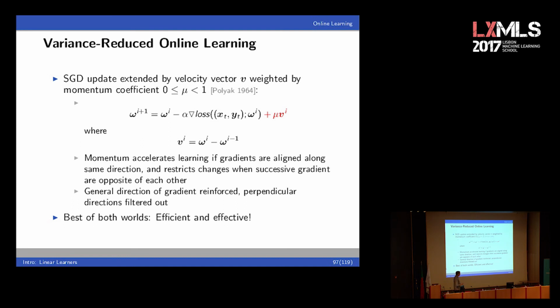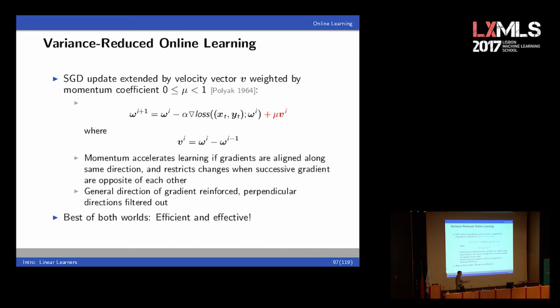So velocity tells us whether the weight vector we are looking at the moment points in the same direction or in a different direction from the weight vector from the step before. If they point in different directions, then since we are doing a minimization, we will pull back our step in the negative direction of the gradient by mu times velocity. So if we are going in a different direction than before, we know, okay, this is maybe not a good idea.